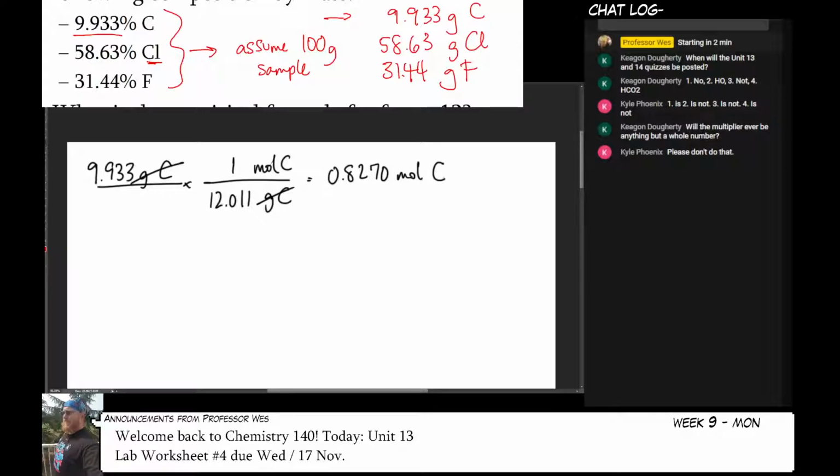Okay, cool. Let's do the same process for chlorine and fluorine. For chlorine, according to the periodic table, this one I don't know if I have memorized. 35.45? 453, okay.